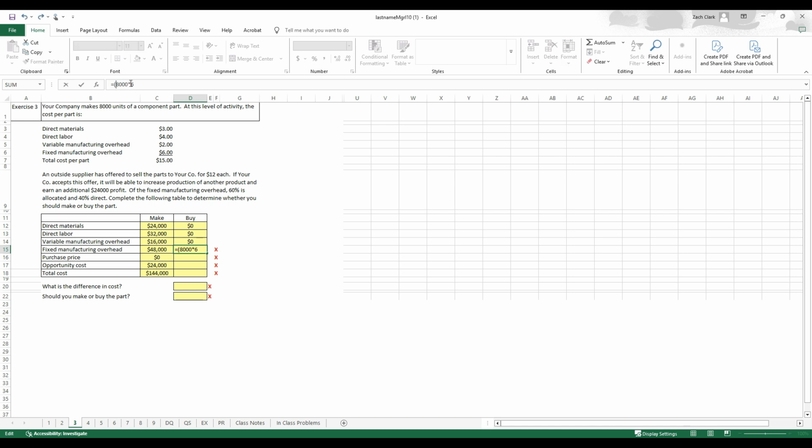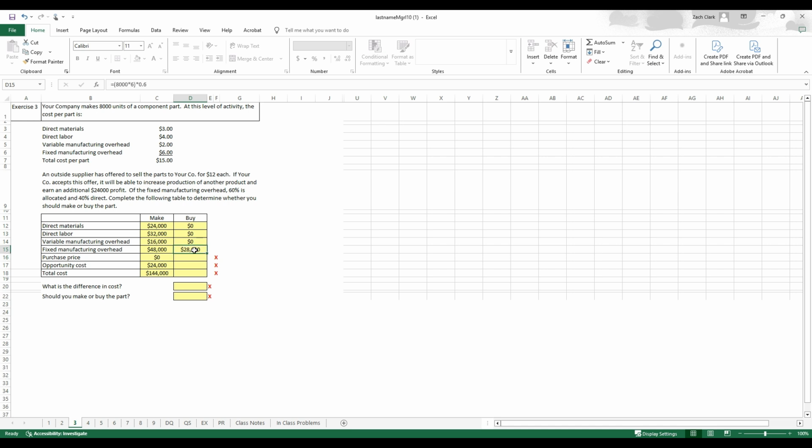And let's think about this. It's telling us that of this portion, 40% is direct. Wait, so that's the opposite. So 40% is direct, so 40% will go away, but 60% is allocated.